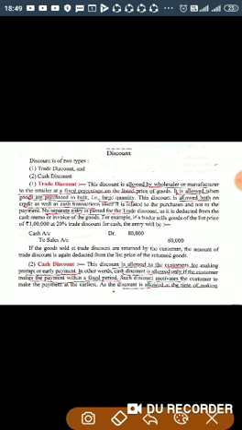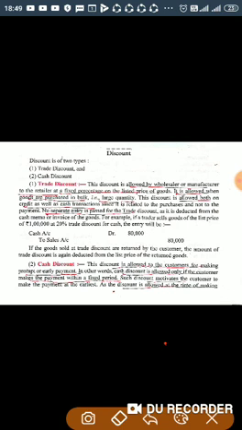So basically, trade discount is a discount which is allowed by the seller to its customer. Generally, those sellers are wholesalers or manufacturers. They allow this trade discount when customers purchase in bulk or in a large quantity, or sometimes a specified quantity.